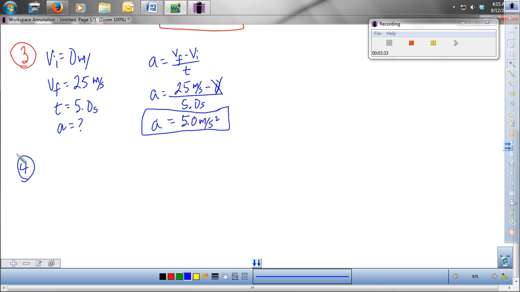On a distant planet, a freely falling object has an acceleration of 20 meters per second squared. What speed will the object acquire after falling 1.5 seconds, dropped from rest? So VI is 0.